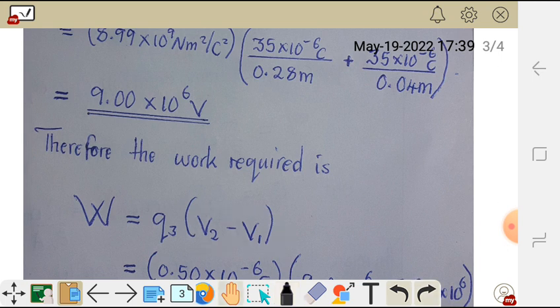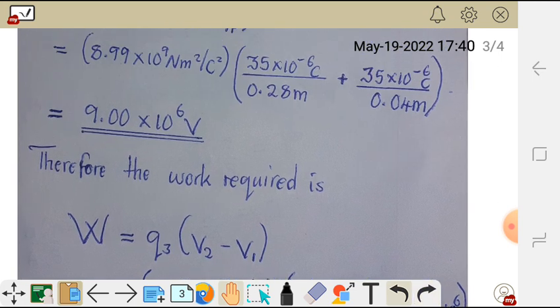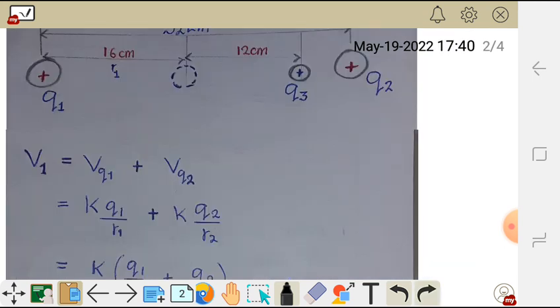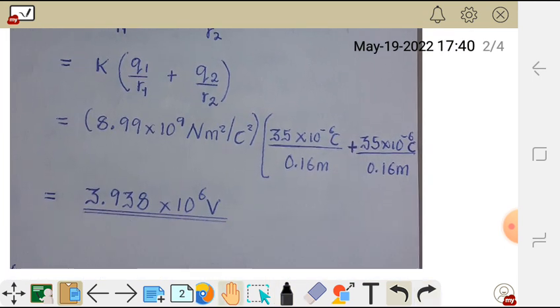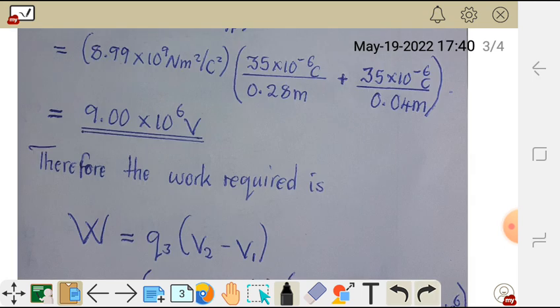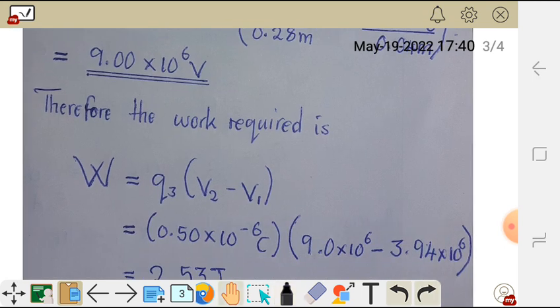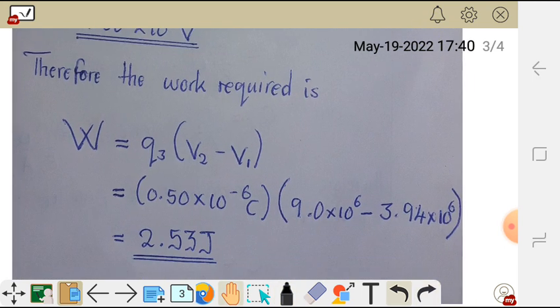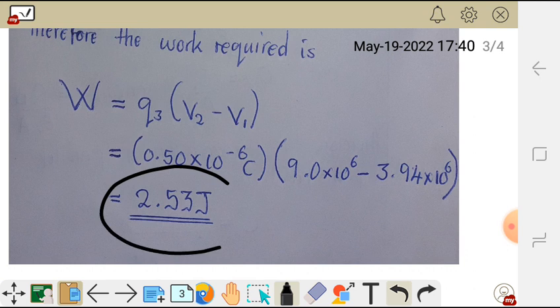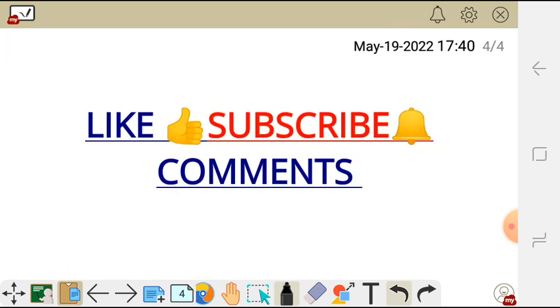V2 is 9 by 10 to the power 6, and V1 was 3.938 by 10 to the power 6. Replacing those numbers in this formula, you will find that the work done in moving that charge is 2.5353 joules. So that's how to solve that question.